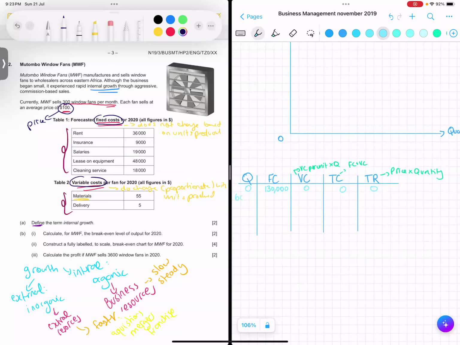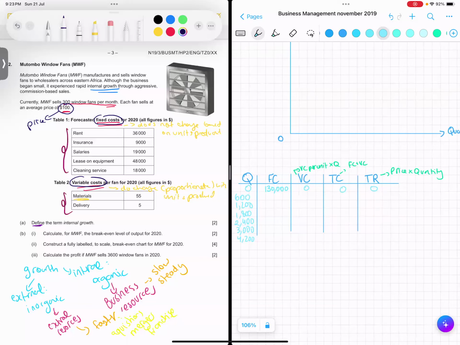So 600 and then 1,200 and then 1,800 and then 2,400 and then 3,000, and I think that's it, and then 4,200. I'm gonna do more. So then the fixed cost stays the same for all of them, and that's where we're gonna talk about it later. And then the variable cost, it's going to be 600.